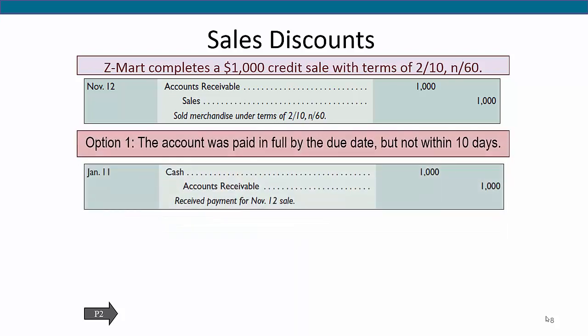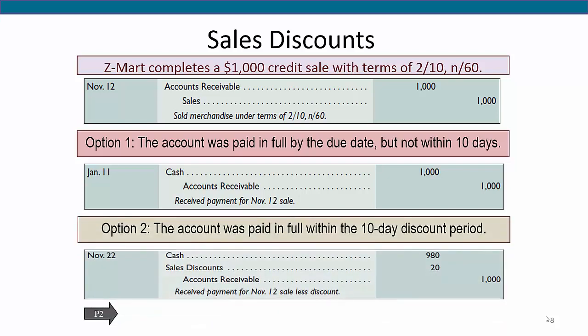One option is to wait 60 days until January 11th and pay the full $1,000. In this case, Zmart records that payment as a debit to cash and a credit to accounts receivable for $1,000. The customer's second option is to pay $980 within the 10-day discount period ending November 22nd.